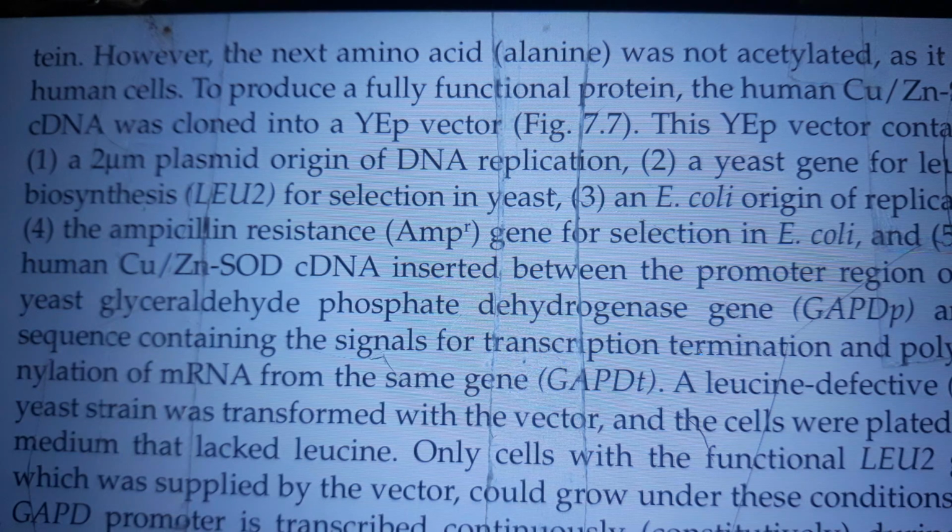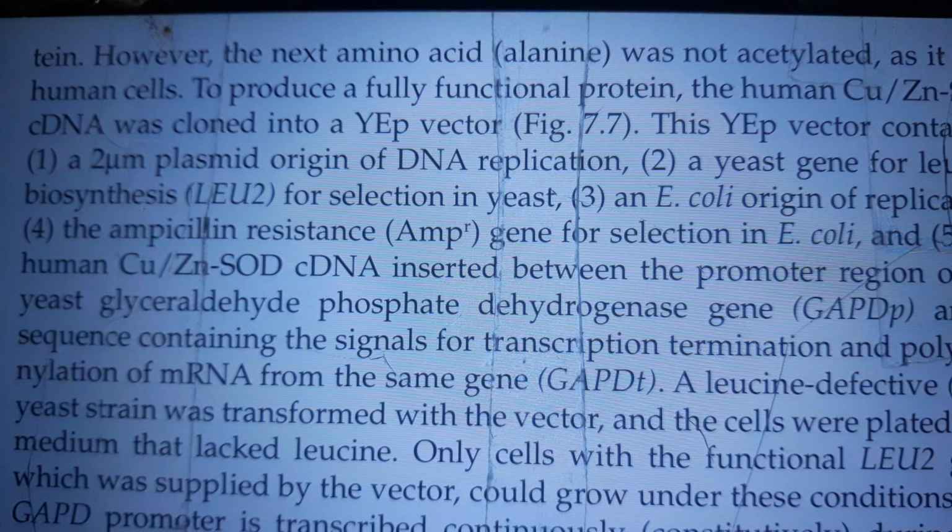To produce a fully functional protein, the human copper zinc SOD cDNA was cloned into a YEp vector. This YEp vector contained: 1. A 2 micron plasmid origin of DNA replication; 2. A yeast gene for leucine biosynthesis, LEU2, for selection in yeast; 3. An E. coli origin of replication; 4.